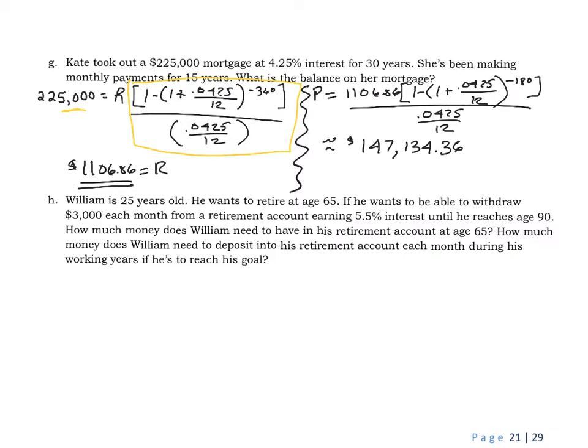Okay, on H, William is 25 years old. He wants to retire at age 65.